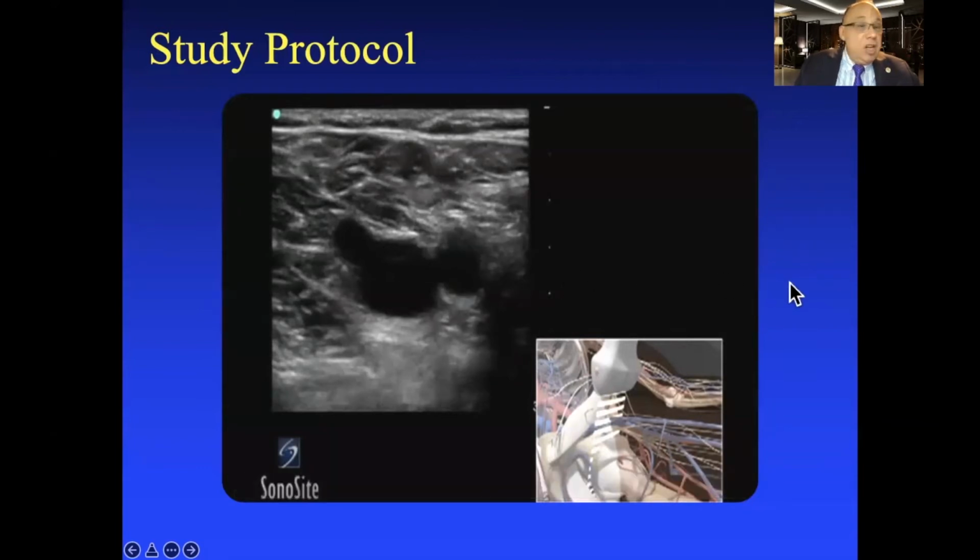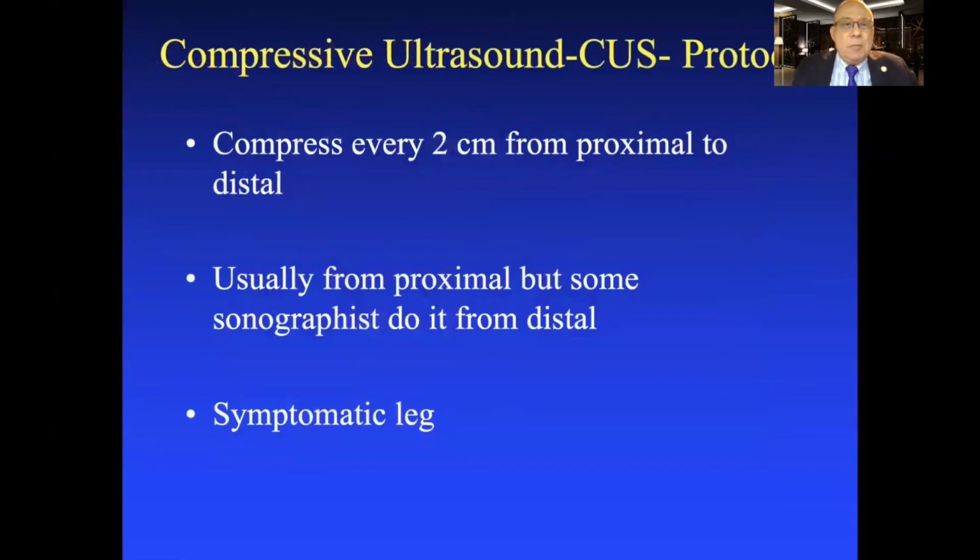The normal is any kind of echogenicity inside, and then we do the compression, and we can collapse the walls of the different veins. Let's mention some additional information regarding the compressive ultrasound, CUS protocol. We have to compress every 2 centimeters from proximal to distal.